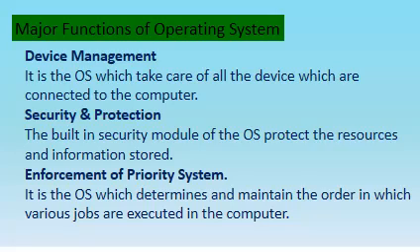Now, enforcement of priority system. It is the operating system which determines and maintains the order in which the various jobs are executed in the computer. Nowadays in offices or in schools or in hospitals, all the computers are connected with the network, and there is a common printer, and everybody keeps sending their command to get the printout.